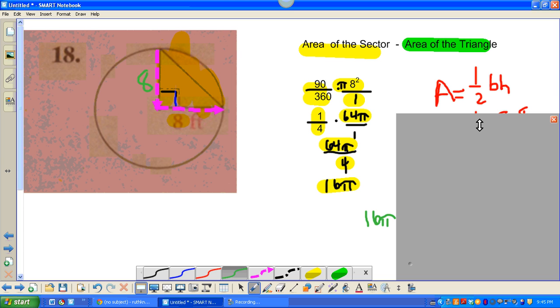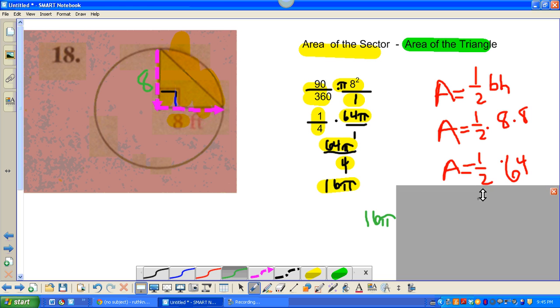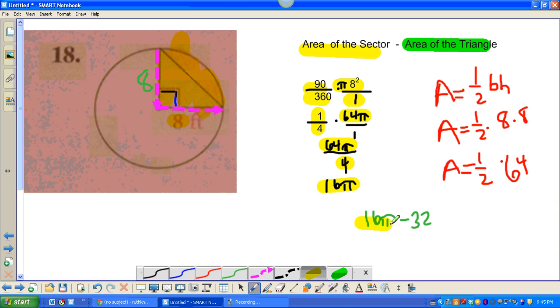So I'm going to take 1/2 of 8 times 8, which is 1/2 of 64, which is 32. And so when I take the area of this sector, which is 16 pi, and subtract off the 32, this would be my final answer in terms of pi.